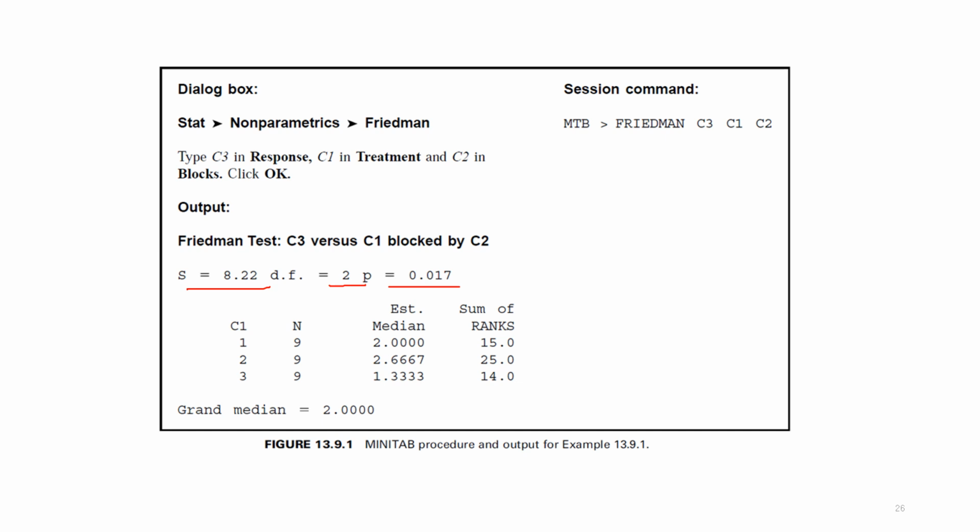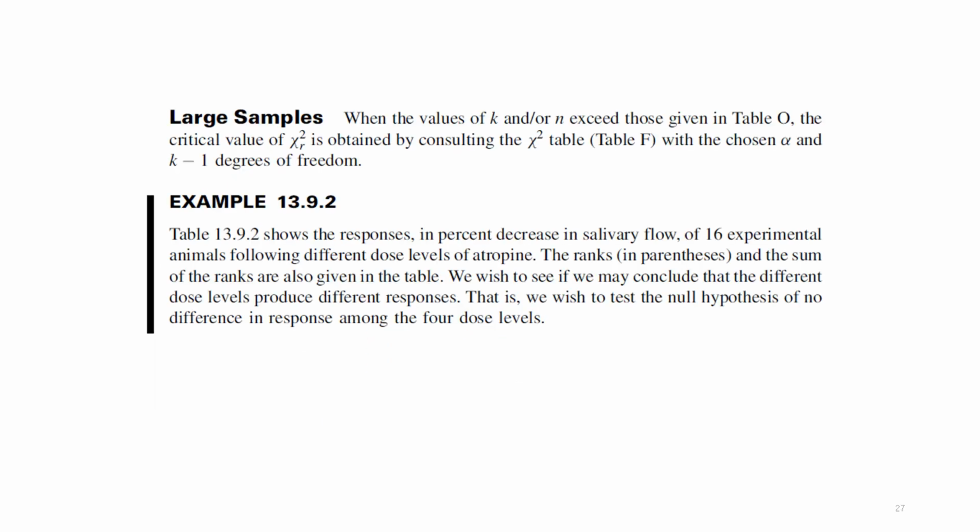It means the probability is too low. So if alpha is 1%, then we fail to reject this one. But if alpha is 5%, then we say it is significant. Okay, that's it. Then we have large samples.